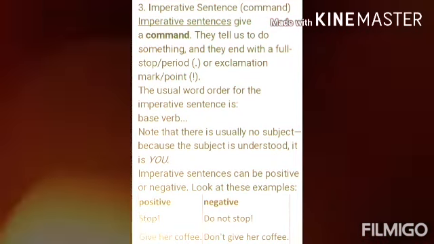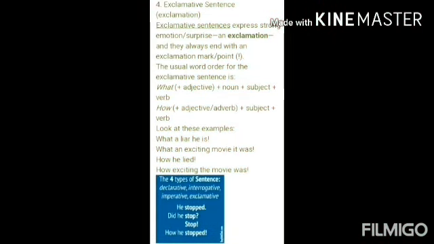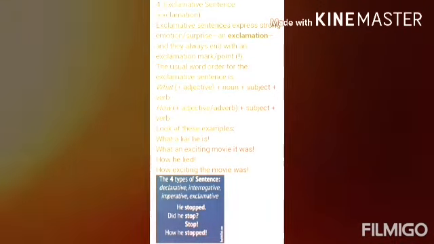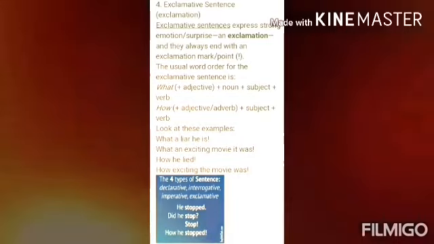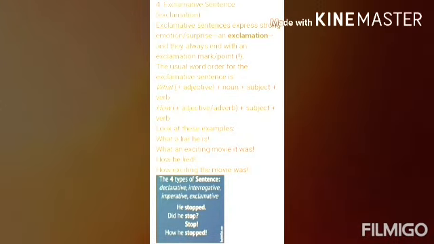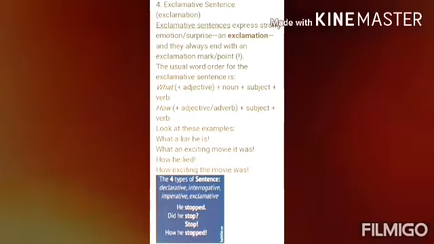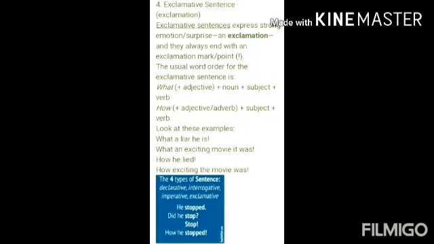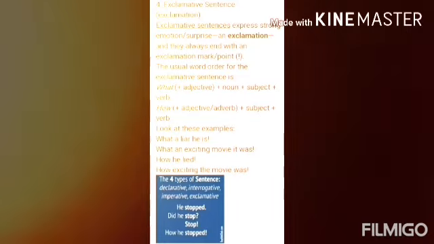Next, the fourth one is the exclamative sentence, and we can also say exclamatory sentence. Exclamative sentences express strong emotion, surprise, and an exclamation, and they always end with an exclamation mark.